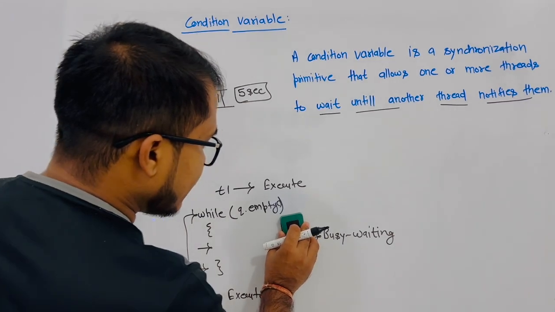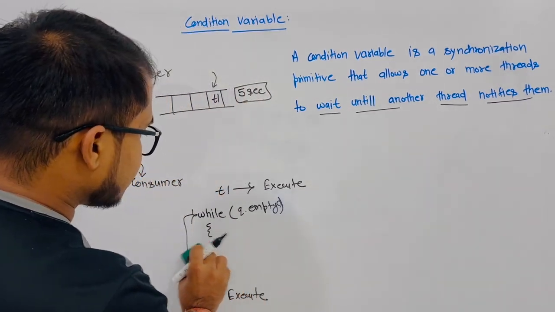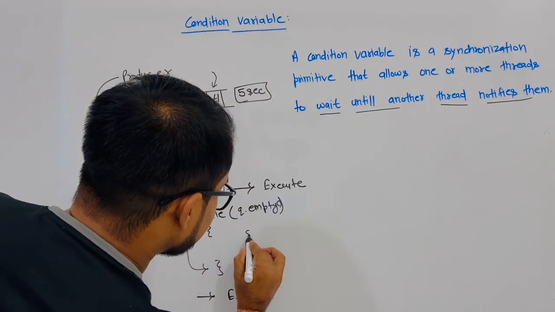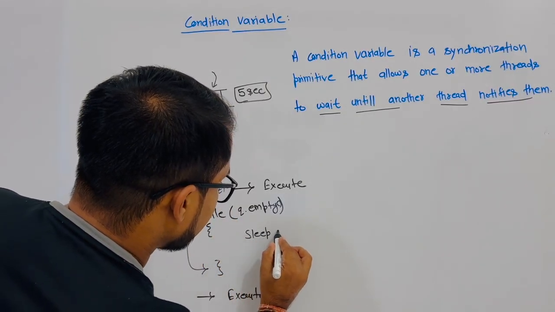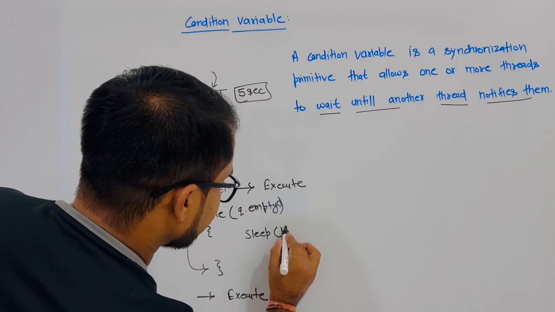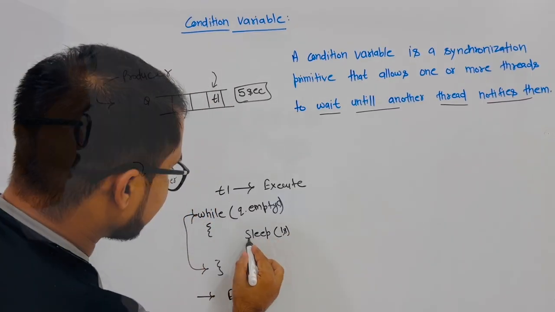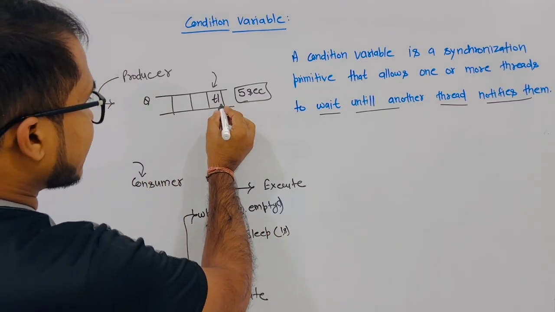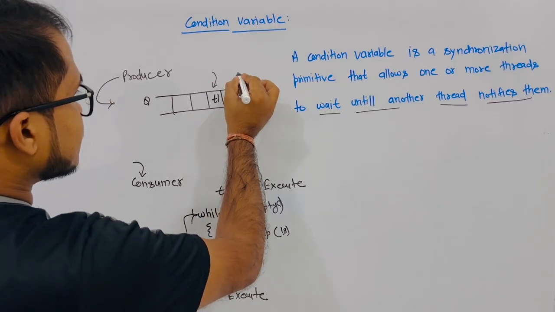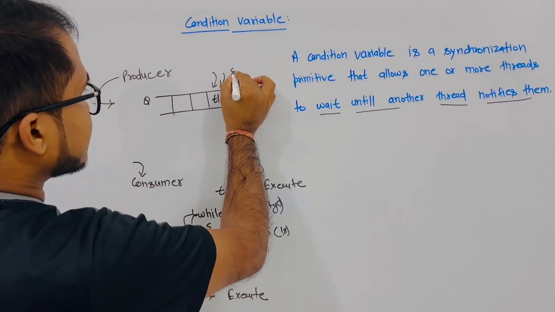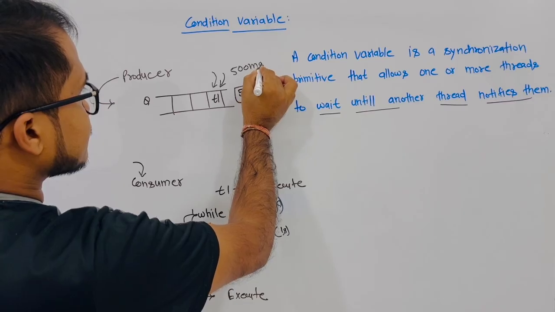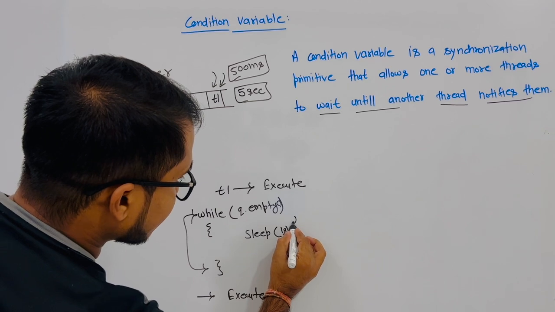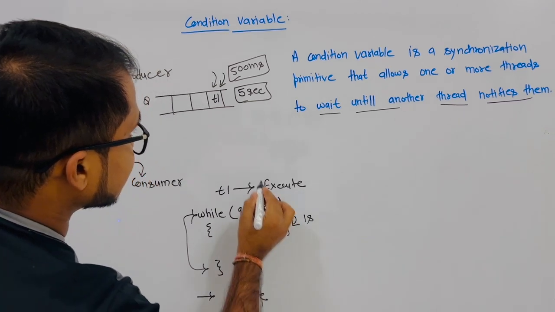Another approach could be, when this queue is empty, the consumer thread can sleep for, let's say, 1 second, and then check again whether the queue is empty. Let's say some task gets added to the task queue after 500 milliseconds, but the consumer thread will wake up only after 1 second to check whether something is there in the queue.